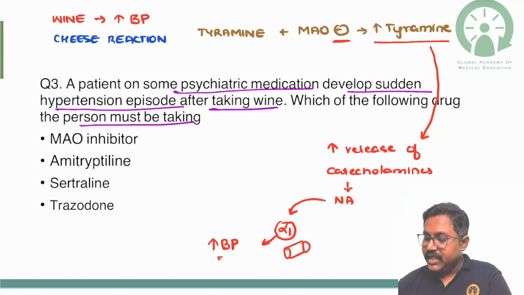So what could be the reaction here? Tyramine is rich in wine.